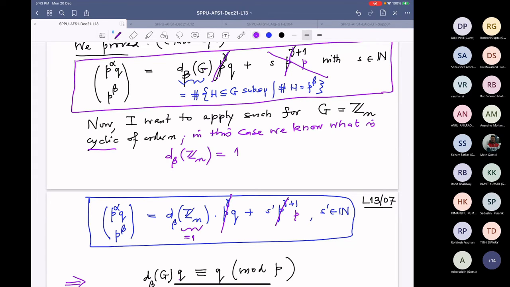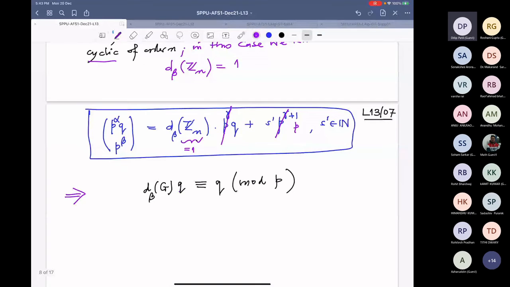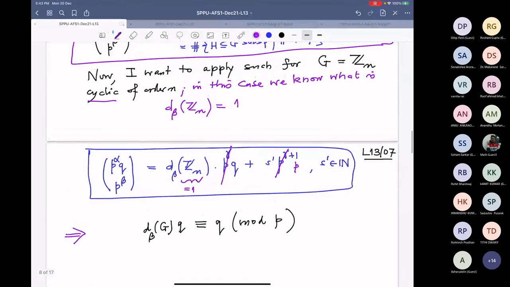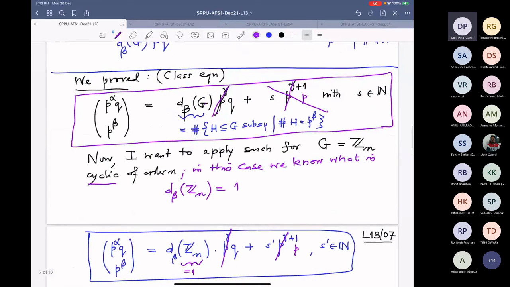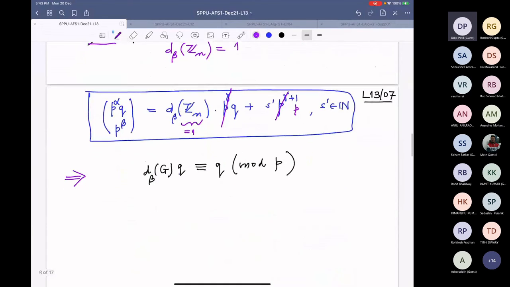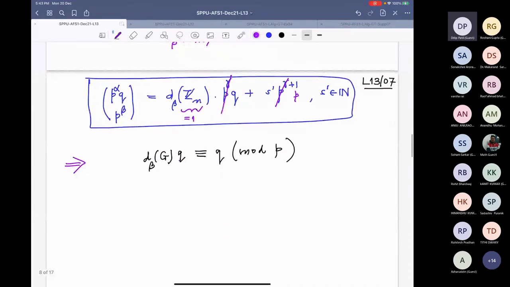So this I am shifting into the other side. See, this is the other side, no? This equal to this side. So this d beta G Q mod p, this is gone. So the other side left is d beta Z mod n, which is 1, I know, and this Q is left, and this is also a multiple of p, so this is also gone.